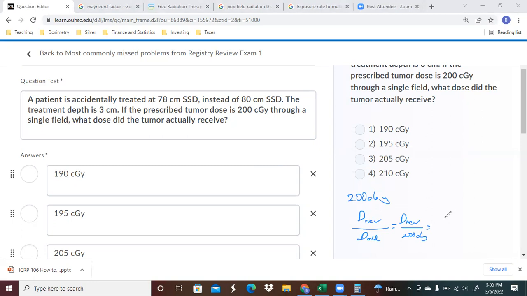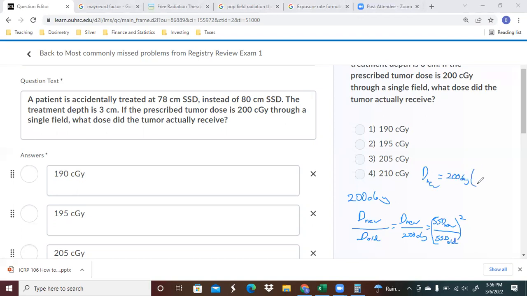In this case, we know that the new SSD is going to be here, and then the old SSD is going to be here. We also know that this has to be squared, and this is because of the inverse square law. So what we end up with here is the new, or actual, dose.